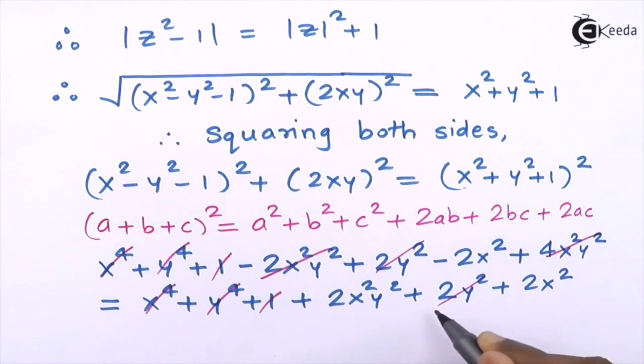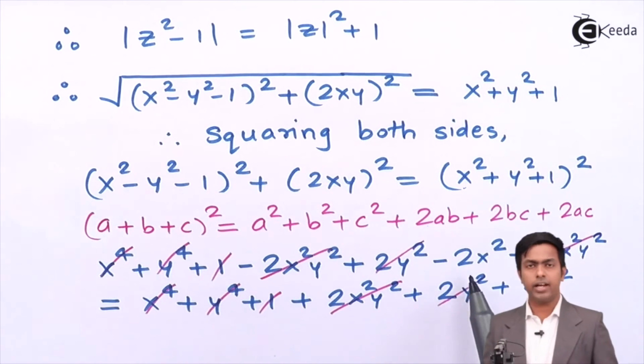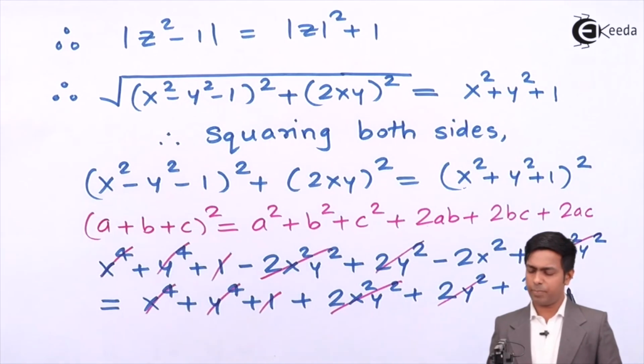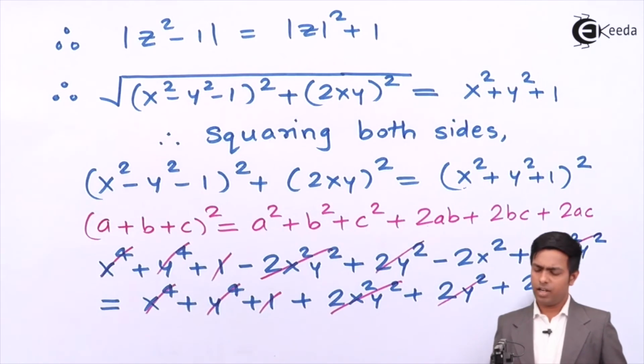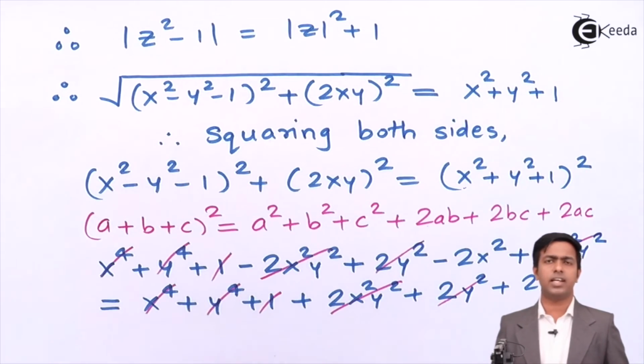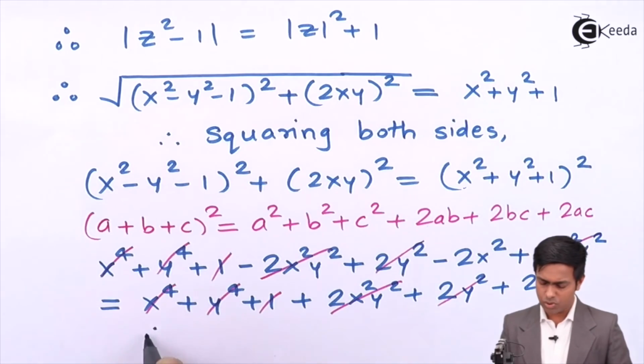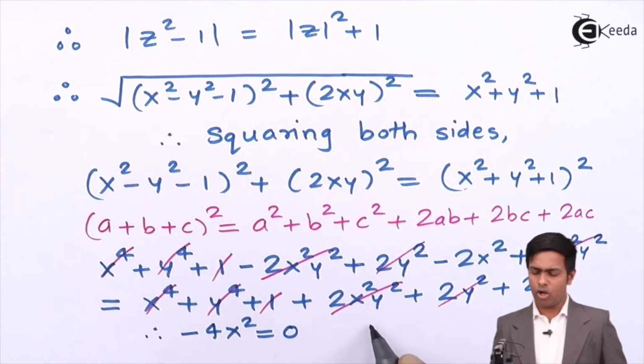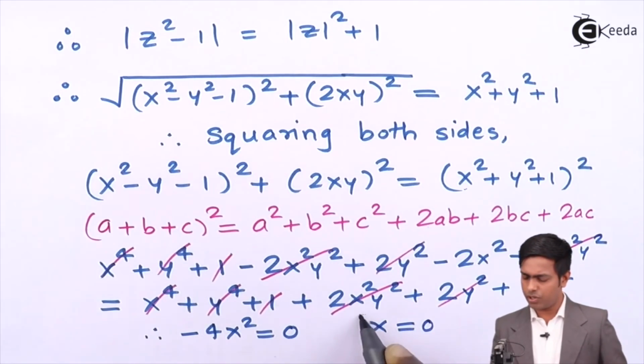Now we get minus 2x square on the left hand side and plus 2x square on the right hand side. Taking it to the left hand side, that becomes minus 4x square equal to 0. If we solve this, we get x equal to 0.